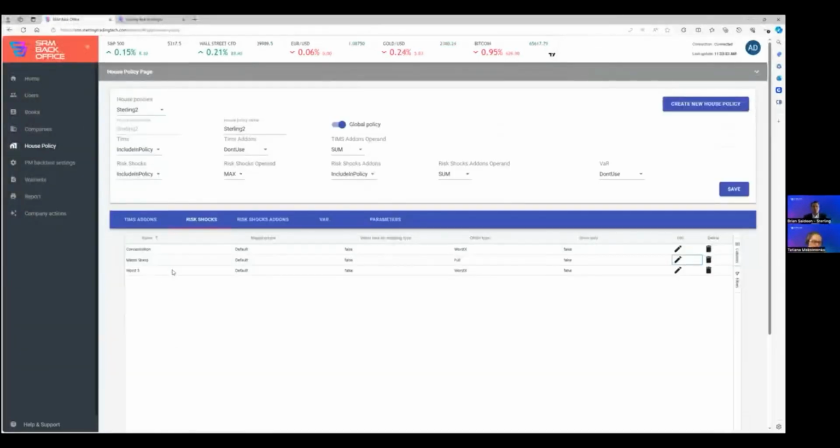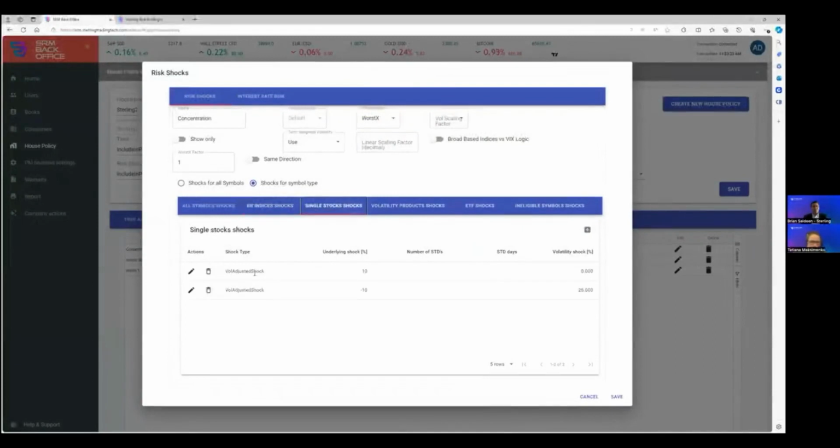Then let's look at the next shock. There is concentration shock. If we open to see what's in there, we see that there are 2 different vol-adjusted shocks, 10.0 and minus 10.25. So what the system will do, it will shock each individual position one by one by these 2 shocks and see for each individual position which shock produces the worst value.